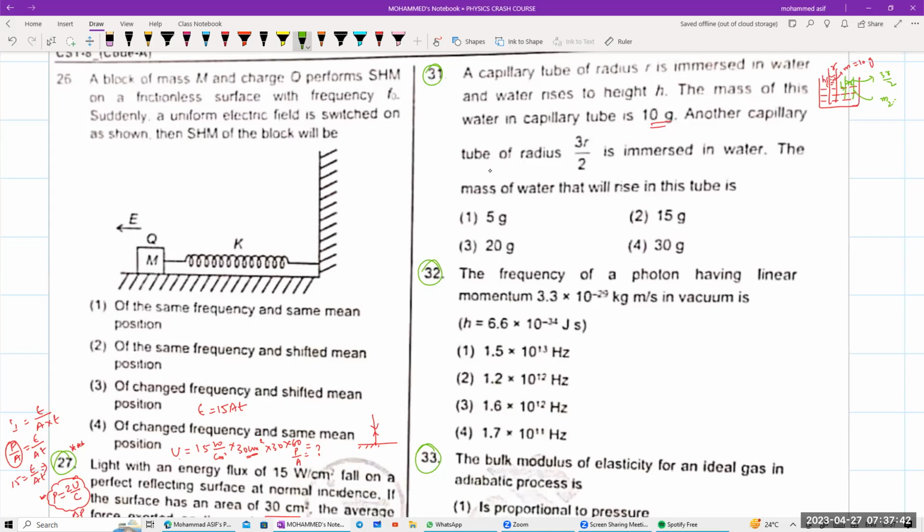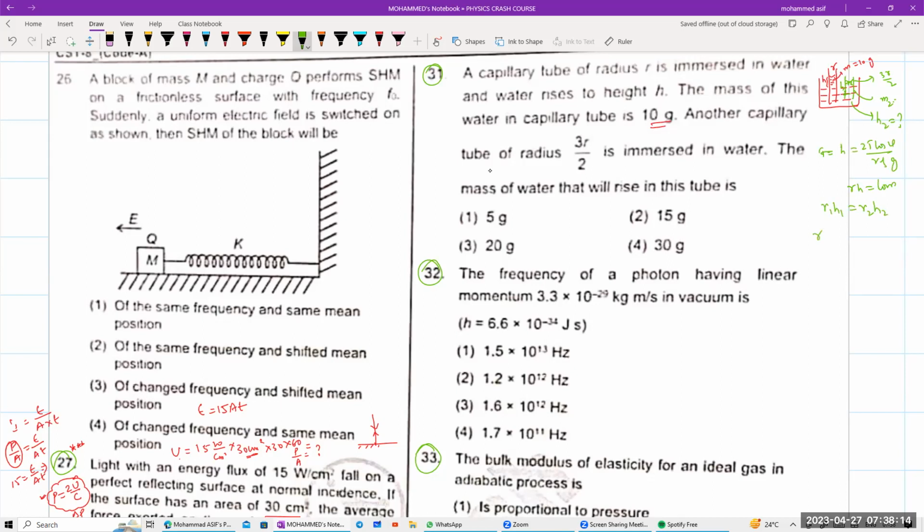h1 is your h, but h2 is not given. So can I use the surface tension formula? h is equal to 2T cos theta divided by r rho g. So r into h is a constant, that is r1 h1 equals r2 h2.